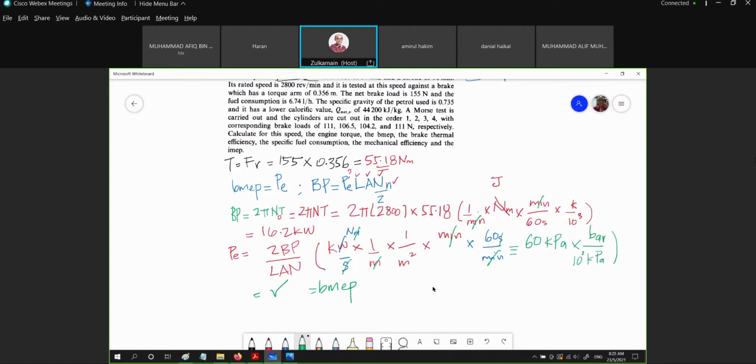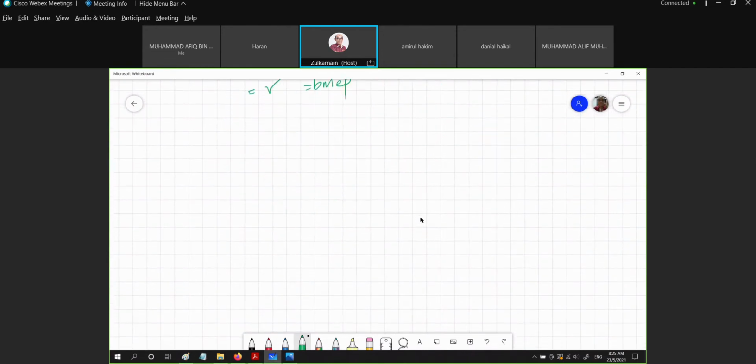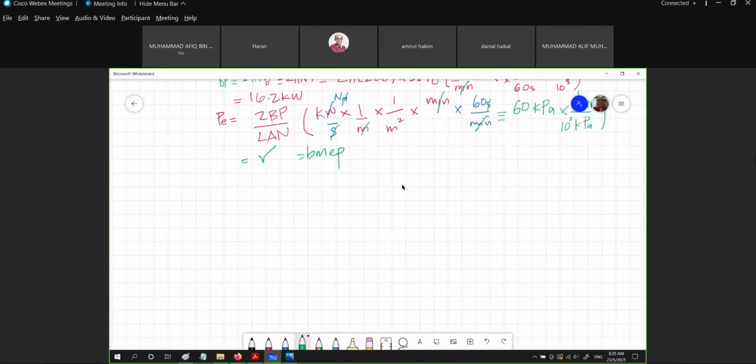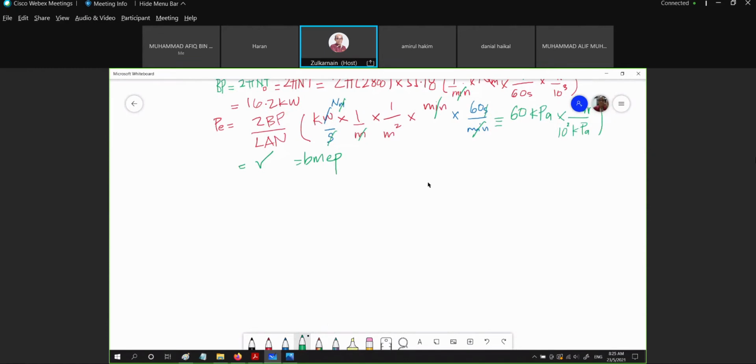So what is the formula for brake thermal efficiency? Brake thermal efficiency is equivalent to BP divided by Q from the fuel.